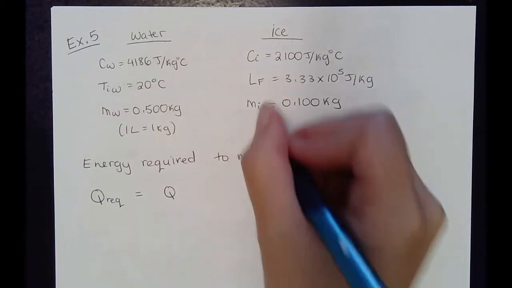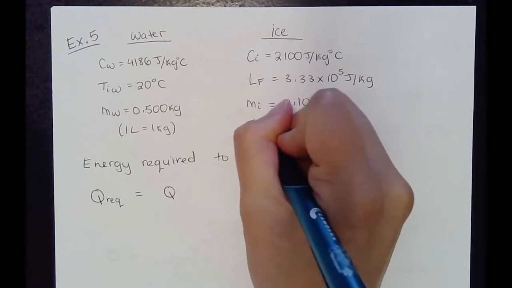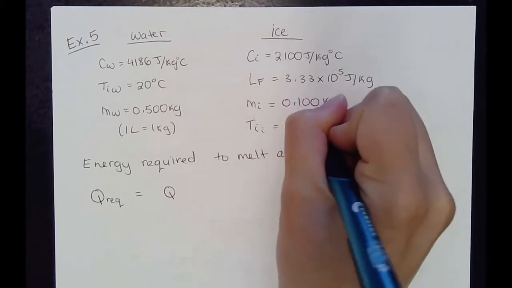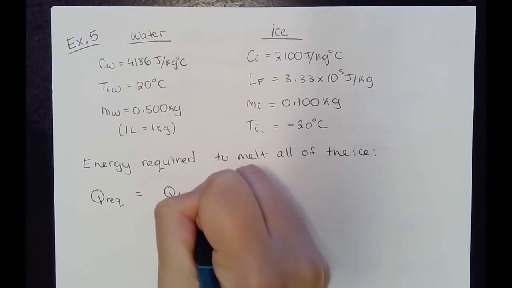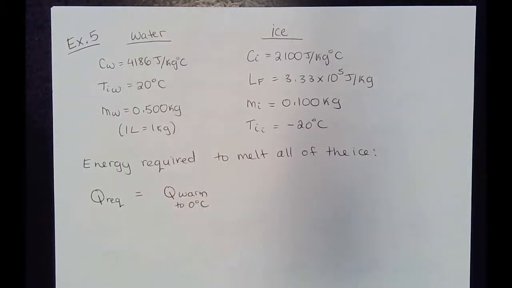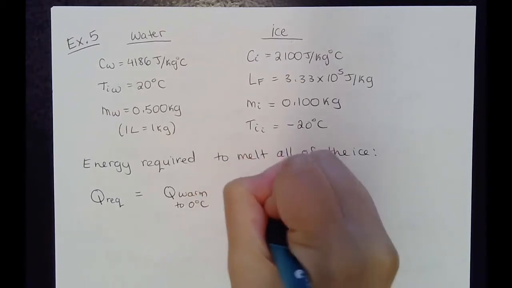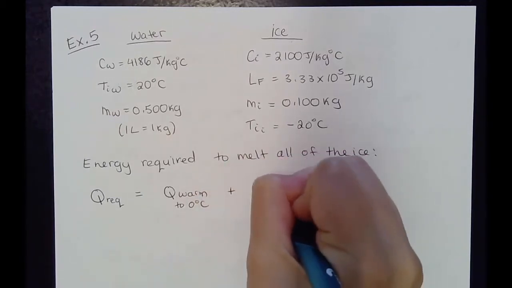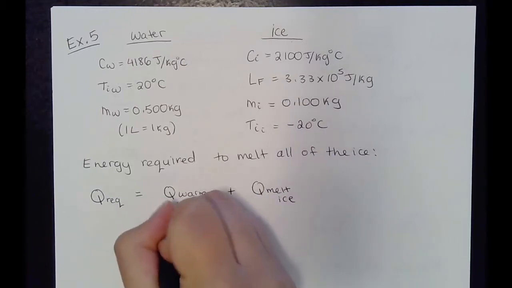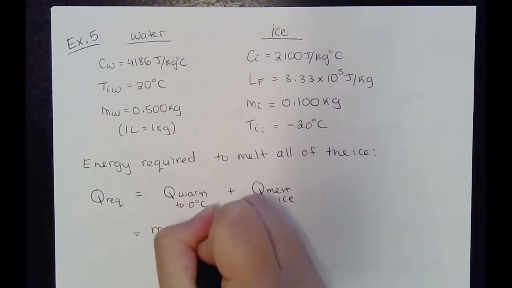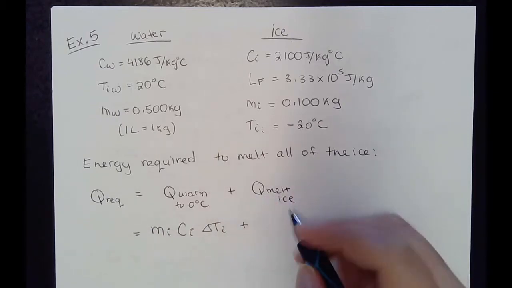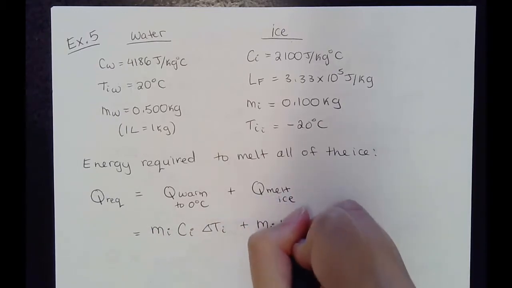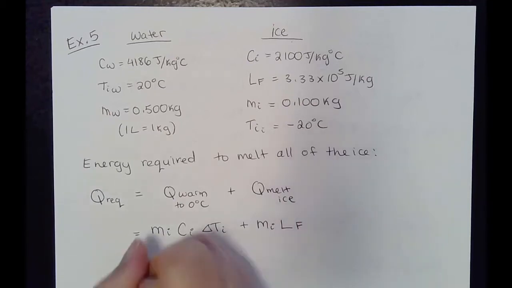So that ice is starting at negative 20 degrees, and it would need to warm to 0 degrees. I like to use long subscripts in this module. Okay, and then plus Q to melt the ice. So this is going to be M ice, C ice, delta T ice, plus, since it will require energy, the mass of ice times the latent heat of fusion.